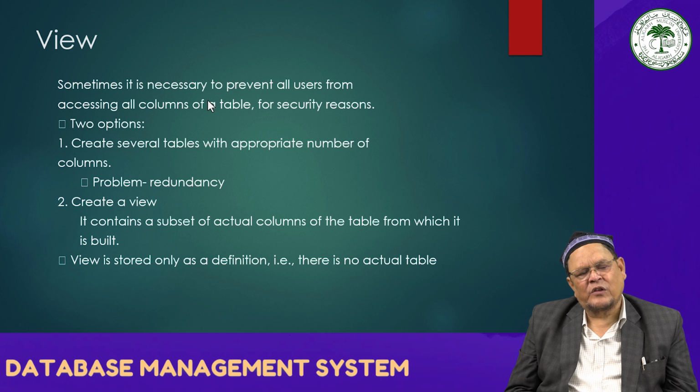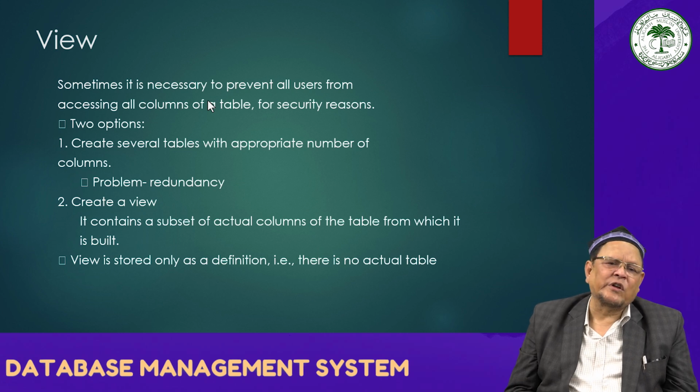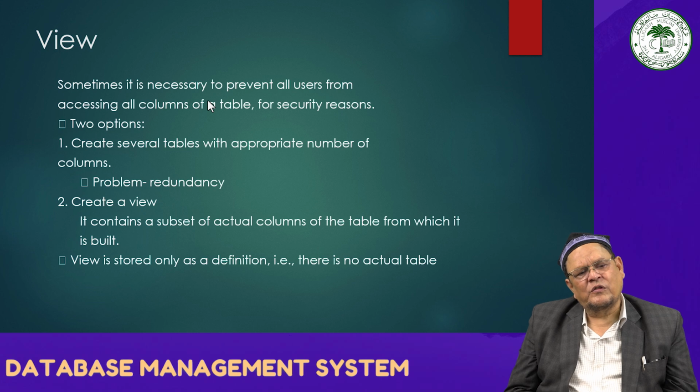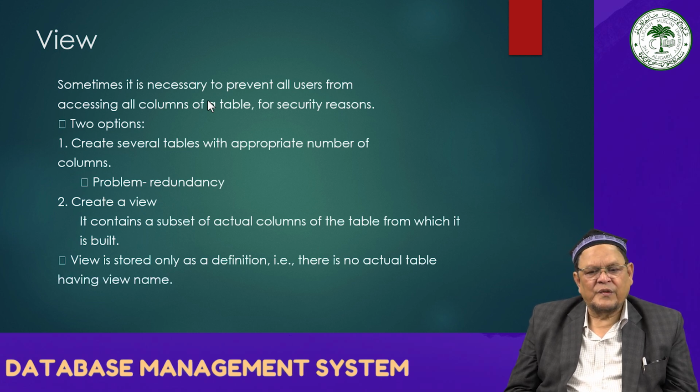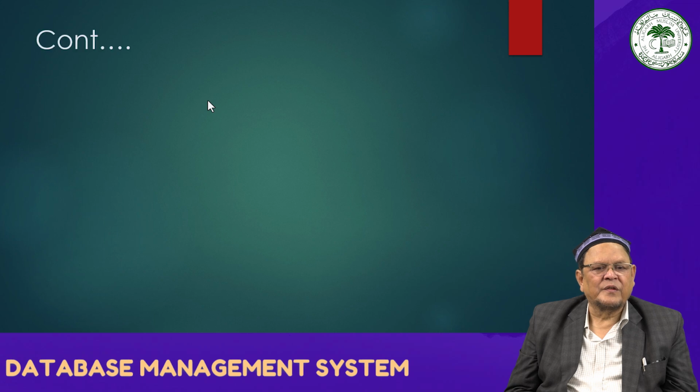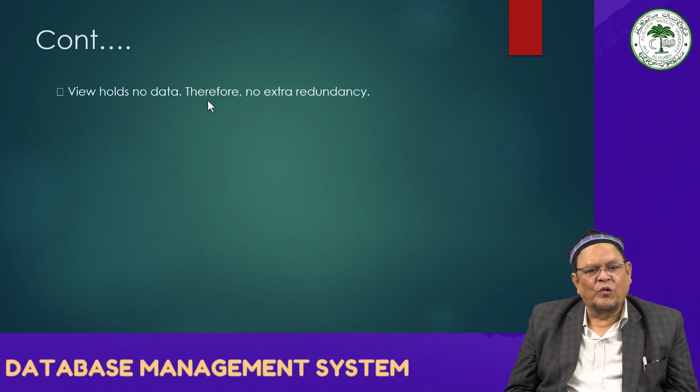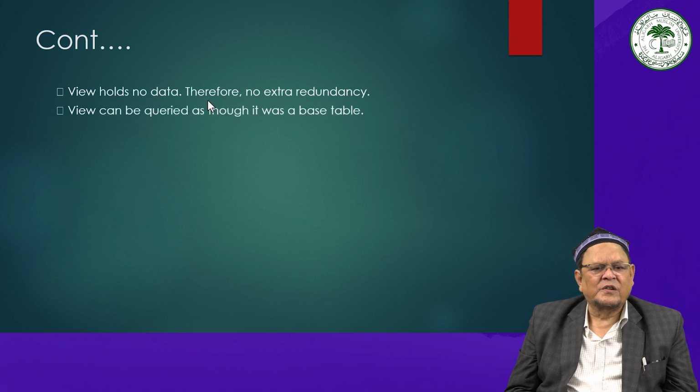Depending on the requirement, you can build it from different tables. A view holds no data, therefore no extra redundancy. A view can be queried as though it were a base table.